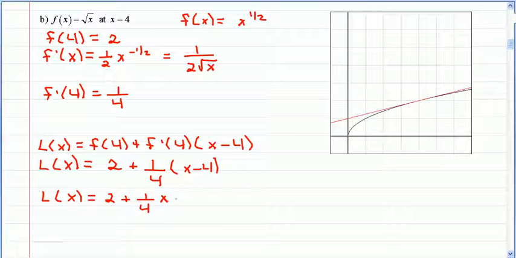If we just distribute the 1/4 and then combine like terms, L of x is equal to 1/4 x plus 1.